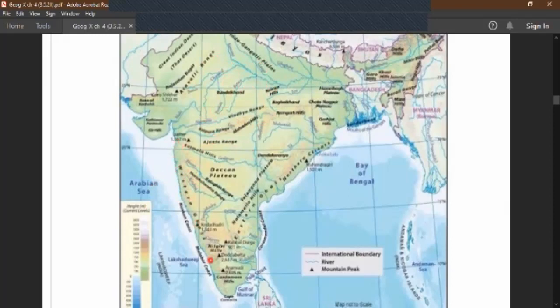Coastal areas have maritime climate, whereas interiors have continental climate.